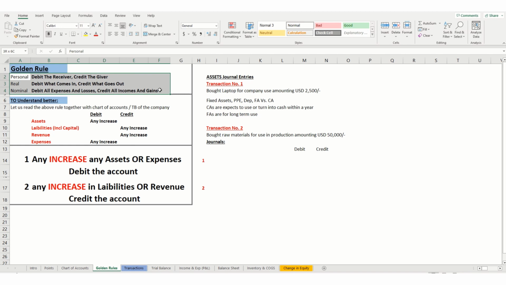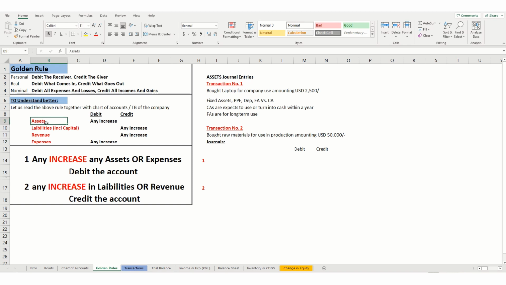This we have already studied earlier, but this is the simplest form to understand better, or there is a shortcut which we have already discussed. Today you can have a clear picture of how to create a journal entry very easily. Just keep in mind these terms: assets, liabilities, revenue, and expenses.